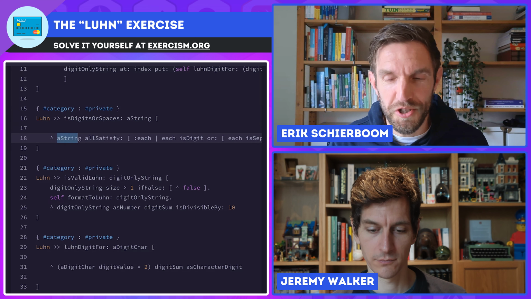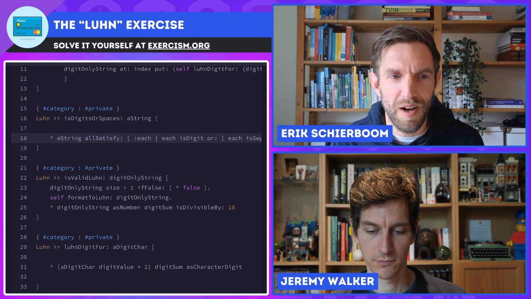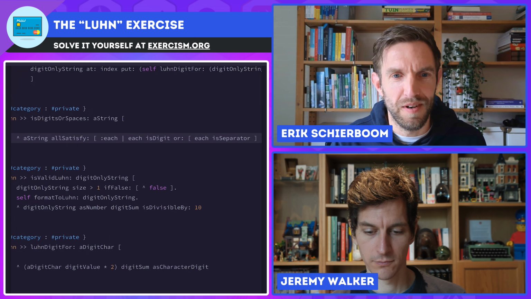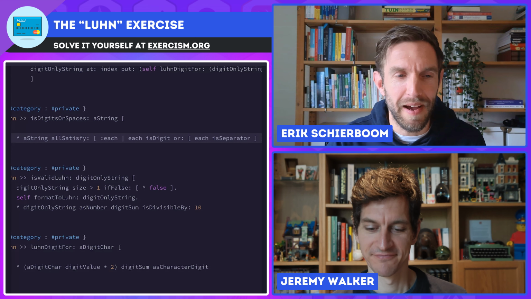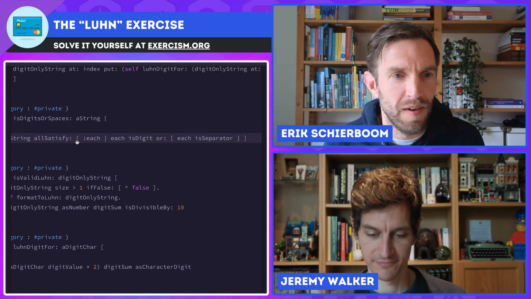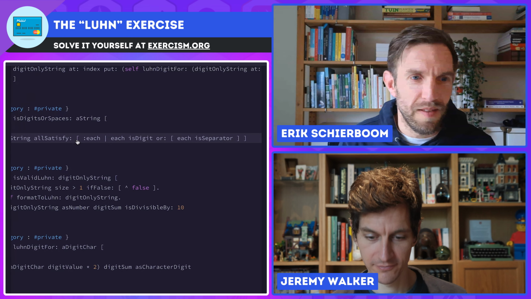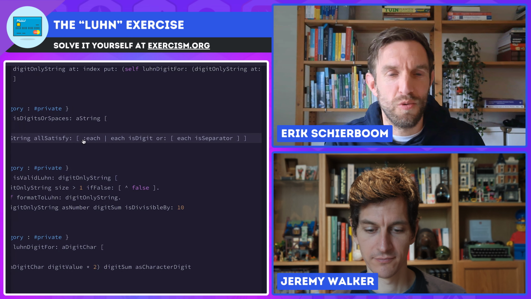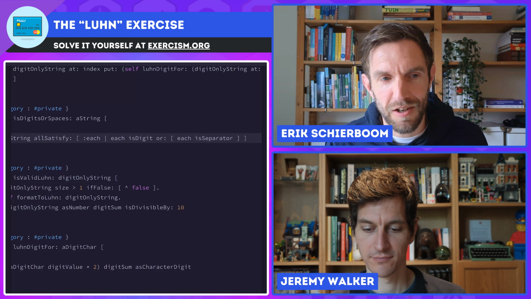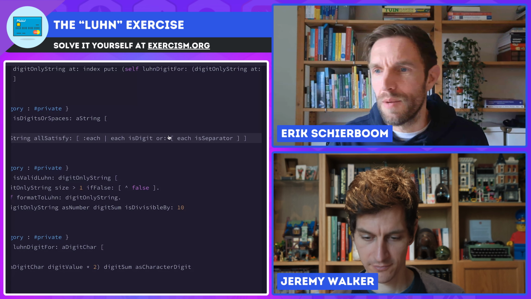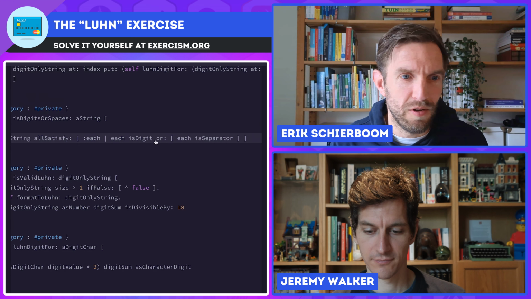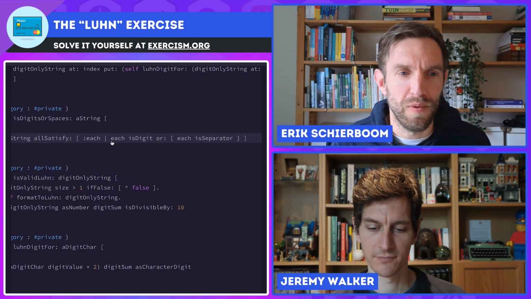So we're doing allSatisfy, which is all. You get a Boolean value back, and all of them have to be true, otherwise it will fail. So the bits between the square brackets are blocks that are executed, like anonymous functions. And colon each is the variable name within the function.